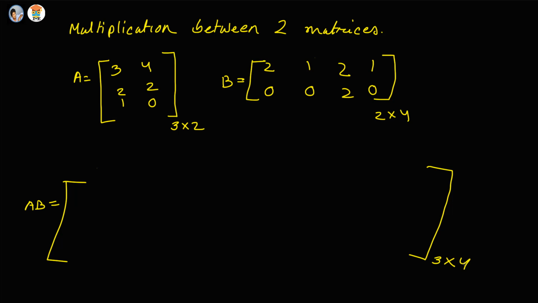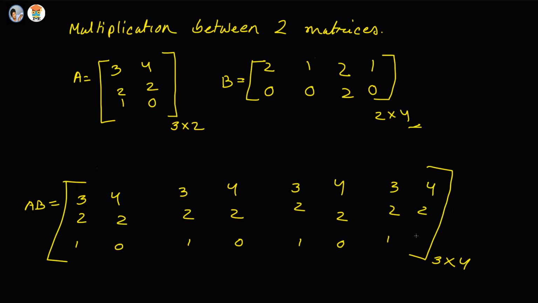So here now we'll write down the first matrix 4 times: 3, 2, 1, 4, 2, 0, each time.